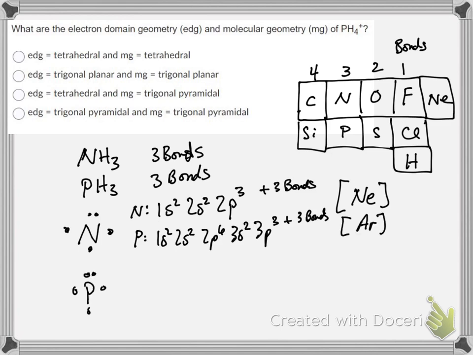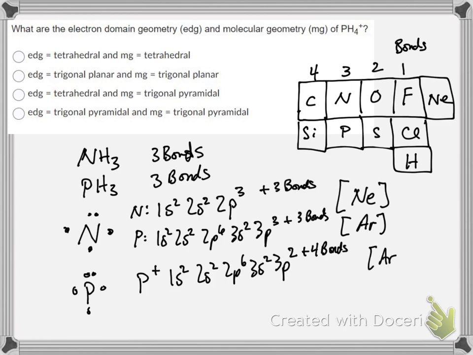If the molecule was neutral, we would build it this way, but because it's charged, we really have 1s2, 2s2, 2p6, 3s2, 3p2, because one of the electrons has left. Because it's left, we now need to form 4 bonds to obtain the argon core. We build phosphorus this way, like we would carbon or silicon.